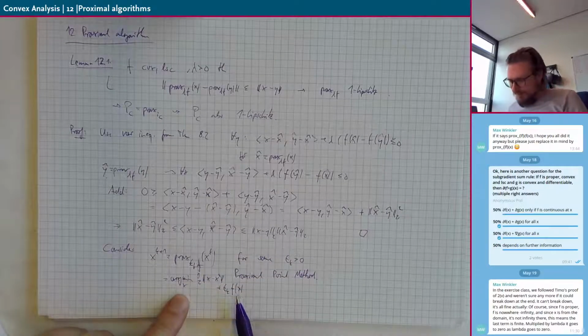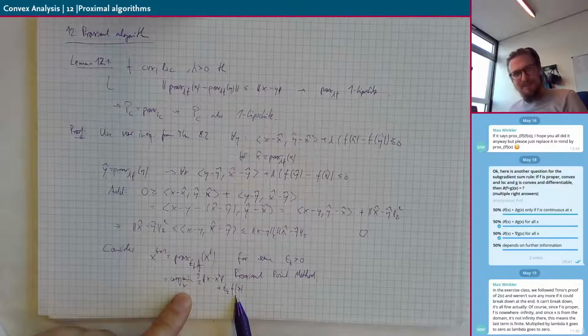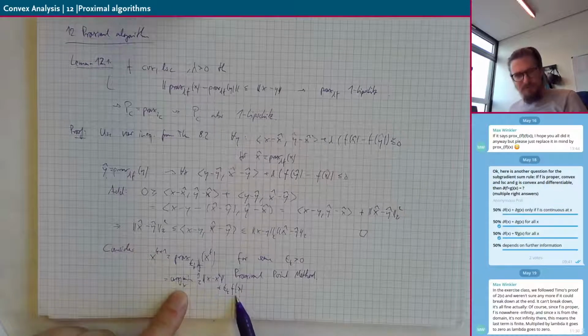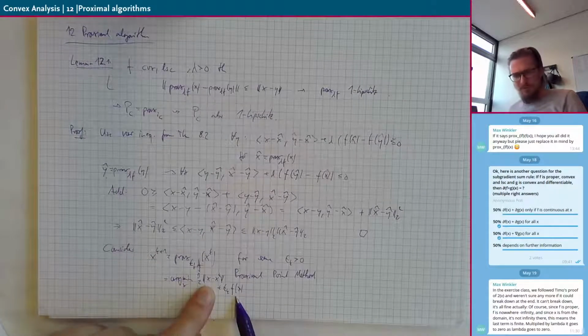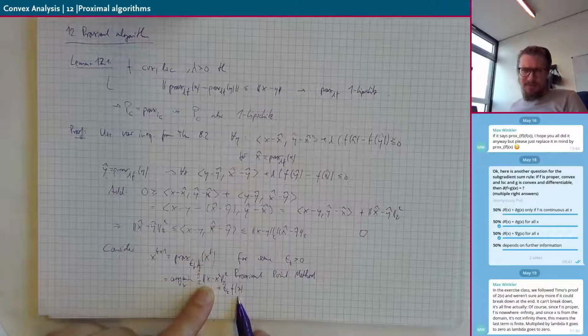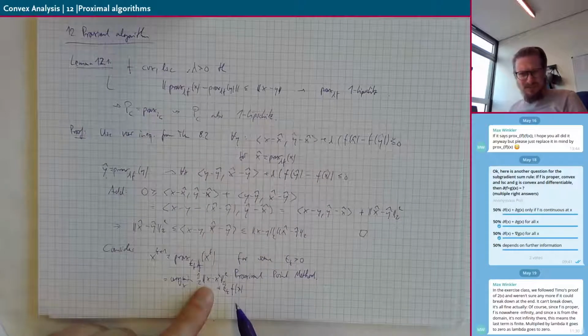So minimizing f is one thing which we consider difficult, otherwise we would need an algorithm to do it. We could just do it by hand. And now we replace the minimization of f by iteratively minimizing a problem which is kind of the same. It only adds a norm. Oh, it's the norm squared actually. So we're replacing a difficult problem by an iteration where each iteration solves another kind of difficult problem.